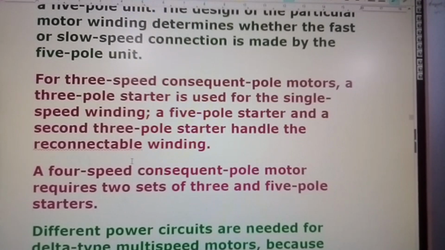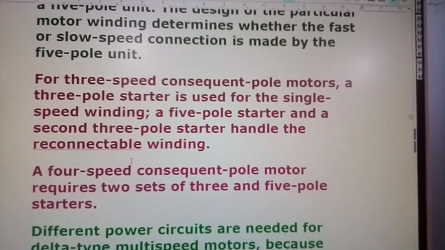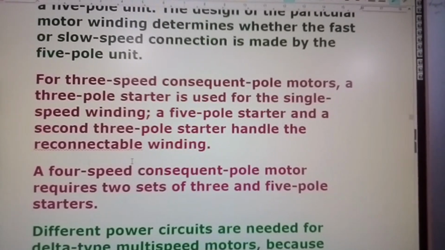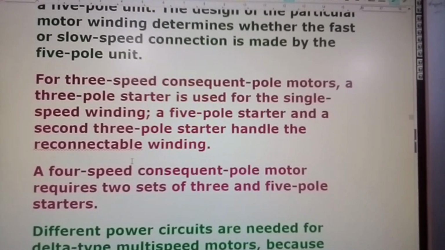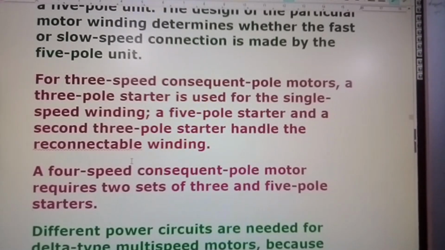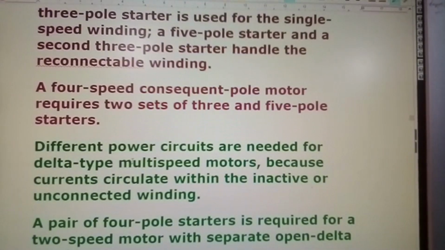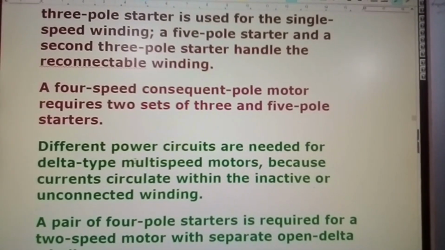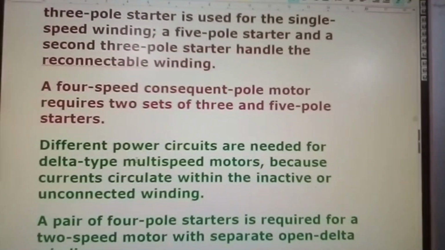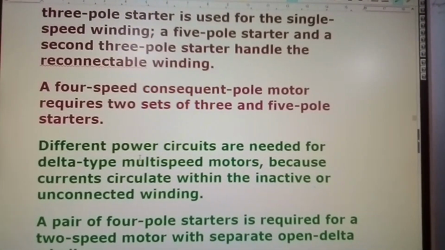A 5-pole starter and a second 3-pole starter handle the reconnectable windings. A 4-speed consequent pole motor requires two sets of 3 and 5-pole starters. Again, do a bit of additional research for yourselves so you can actually see some of these in practice, what they look like photographically.